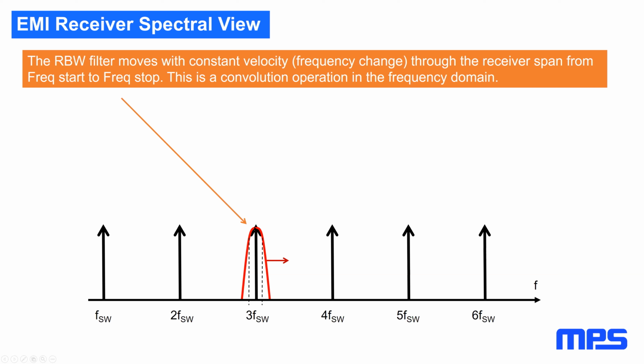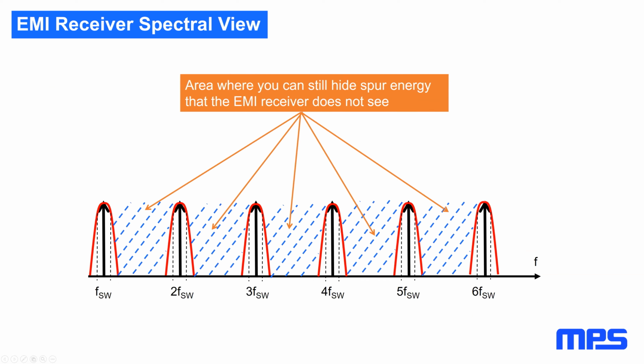So what you measure will be the spur widened up by the receiver bandwidth filter. So you actually get a convolution operation. You move the filter through these, and now you get a real convolution.